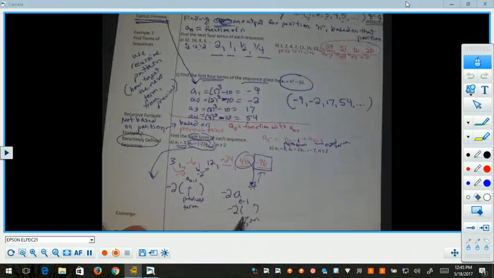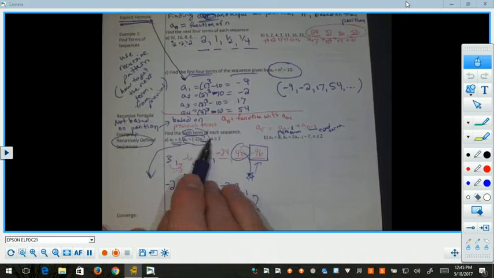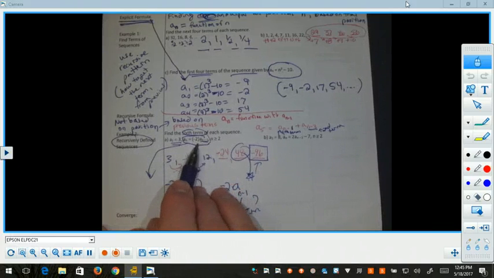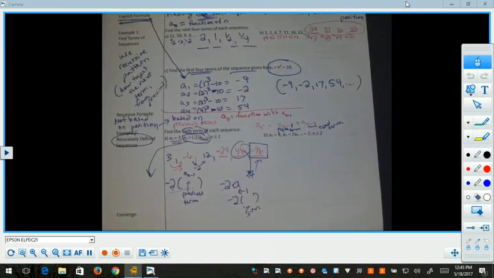But in order to find that 48, I had to find the 4th term, and then to find that, I had to find the 3rd and the 2nd and so on. So with recursive, you have to follow the recursive rule to get the next term until you get to the position you want.